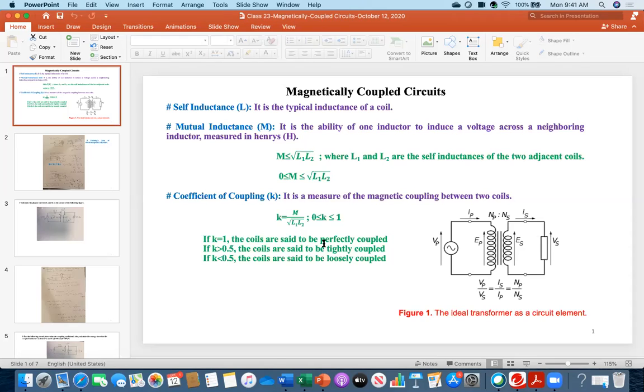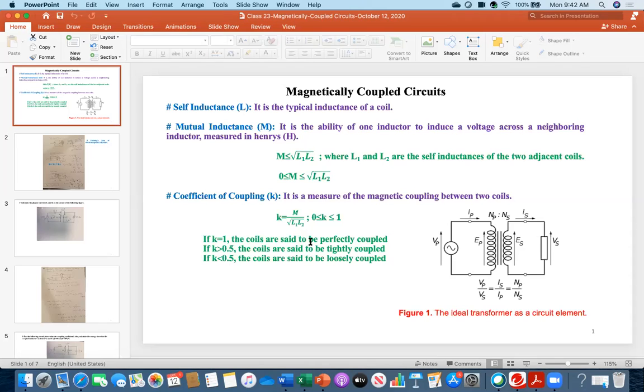According to the value of K, if K is 1, this means M equals root over L1 L2 fully, and those coils are said to be perfectly coupled. If K is greater than 0.5, the coils are called tightly coupled. And if K is less than 0.5, the coils are said to be loosely coupled.